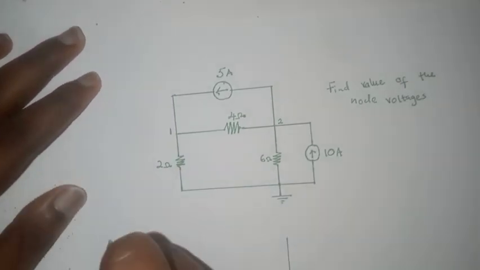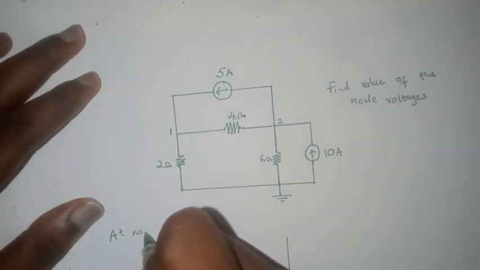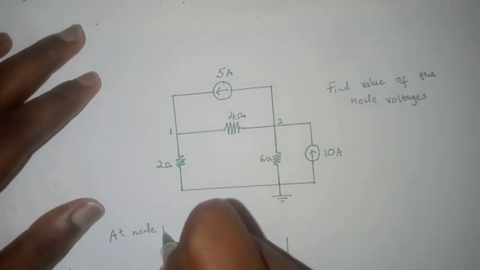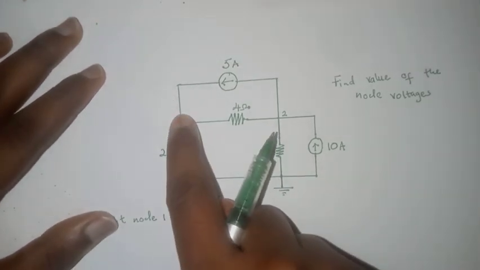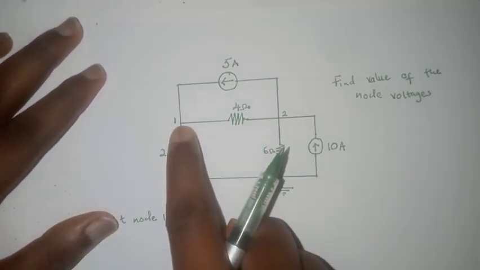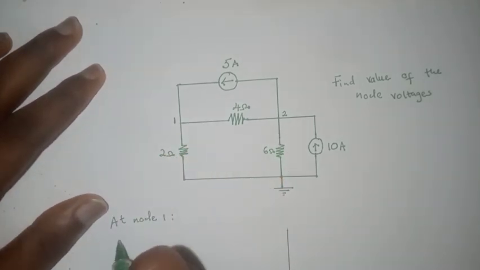So we can say that at node 1, the voltage at node 1 is V1. So we write for this branch, that would be V1 minus 0 divided by 2 ohms.